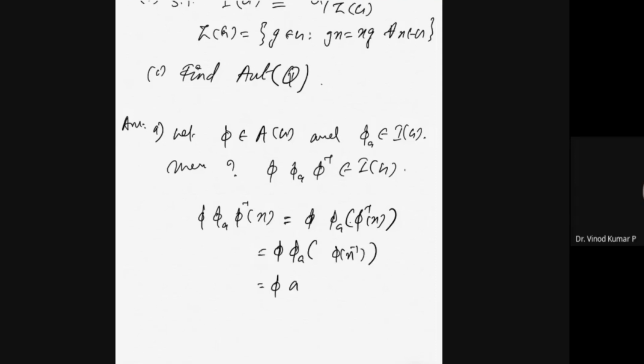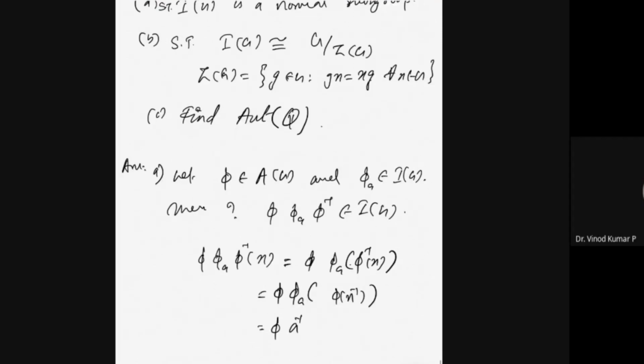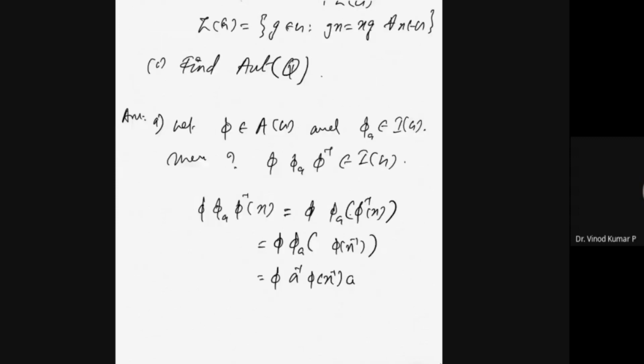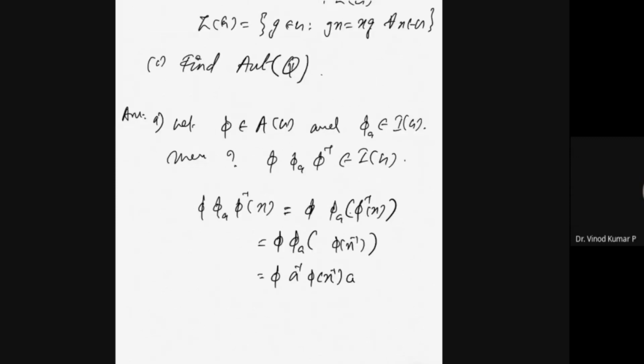So this is A inverse, A, and phi of A inverse phi of, let's just keep it as phi inverse X. That's enough.